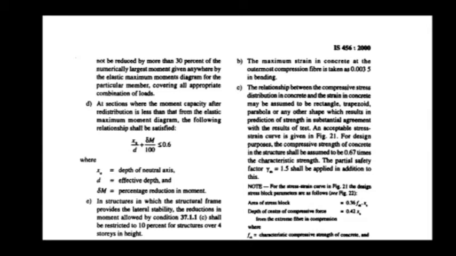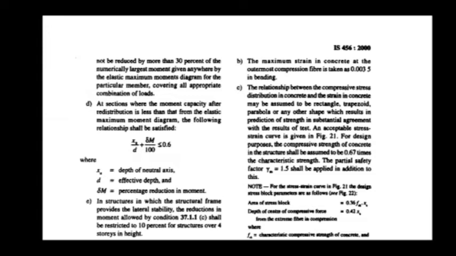Let's read it out first to better understand the figure. For design purpose, the compressive strength of concrete in the structure shall be assumed to be 0.67 times the characteristic strength, and the partial safety factor gamma m, equal to 1.5, shall be applied in addition to this.